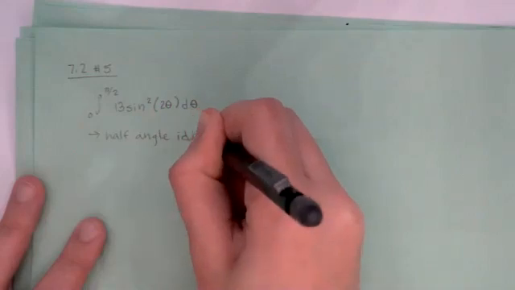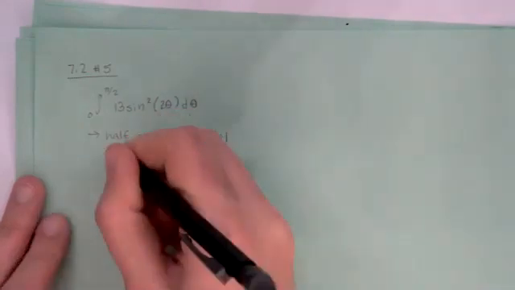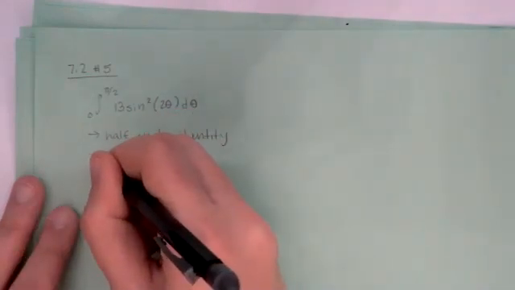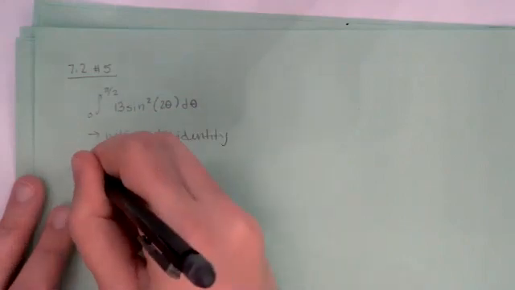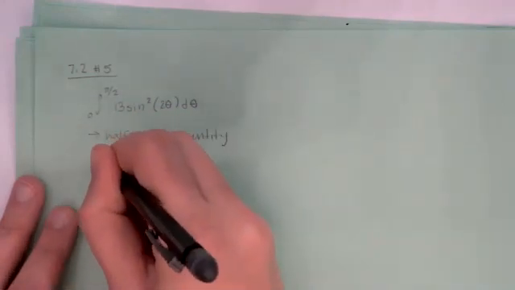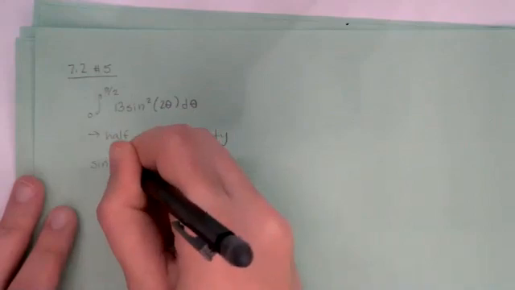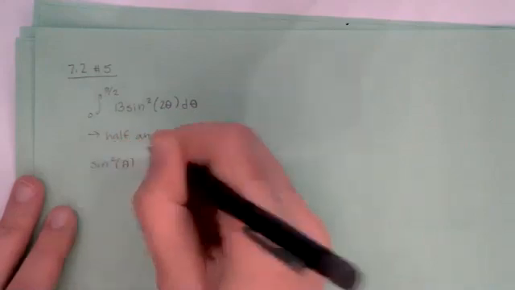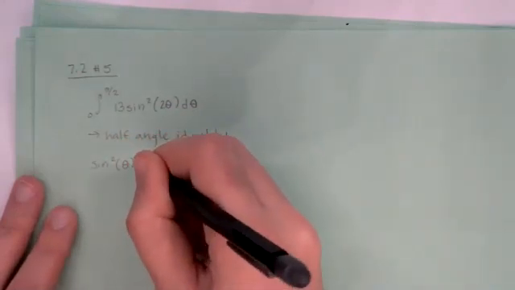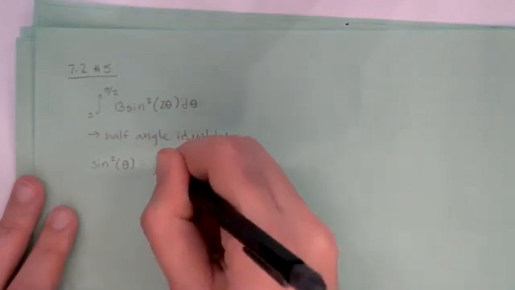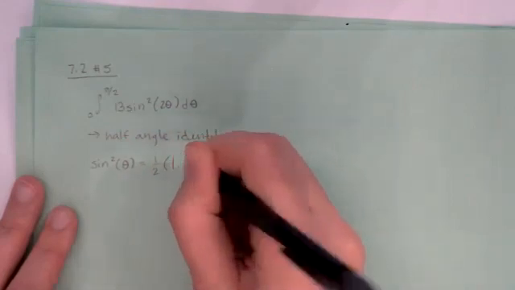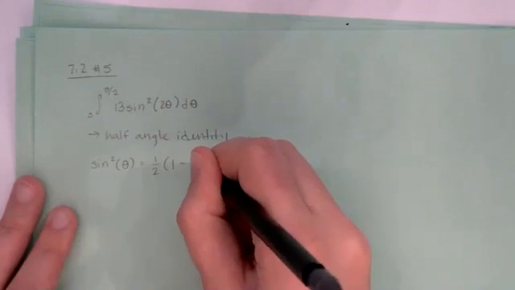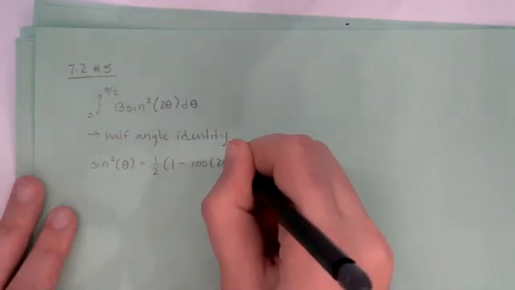And in this case, there is one for sine squared. So sine squared of theta is going to be equal to 1/2 times 1 minus cosine of 2 theta.